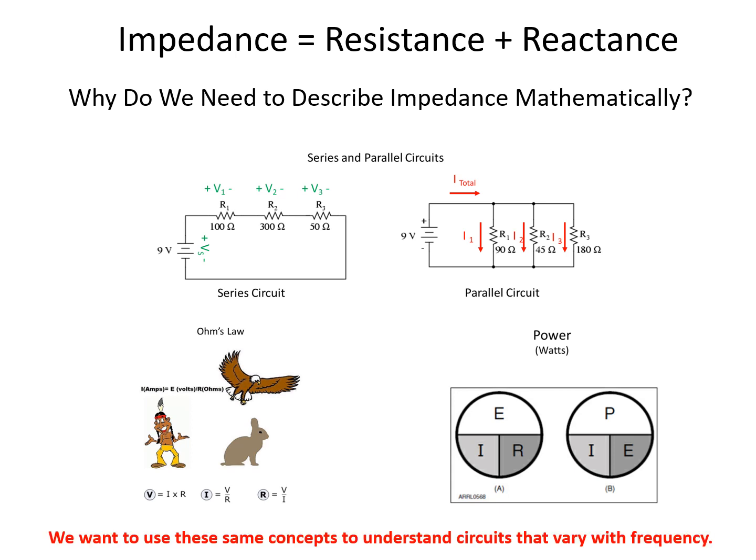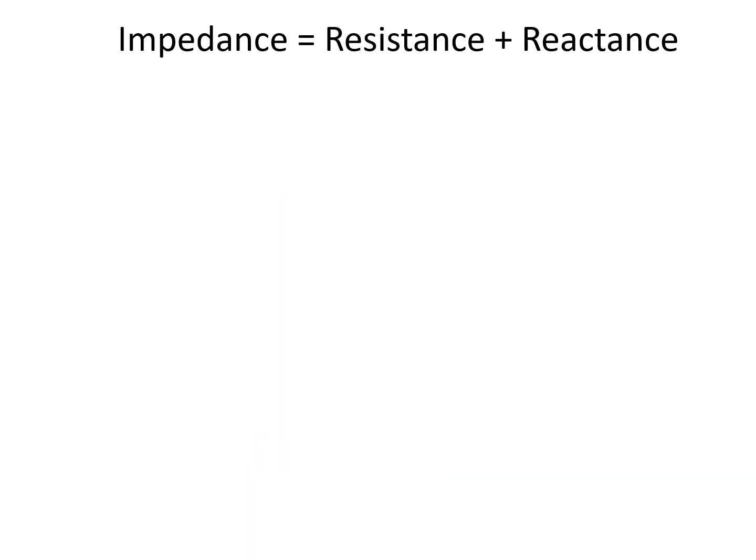So that's basically the reason for the math that we're about ready to go through, so that we can use these same concepts to understand circuits that vary with frequency. So it's doing the same thing we did before. It's just going to be a little bit more complex because of the alternating current. And it's not really all that complex, which is what I hope I can show you next.